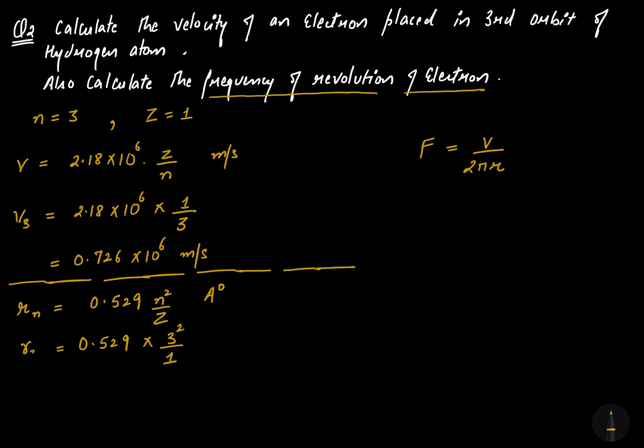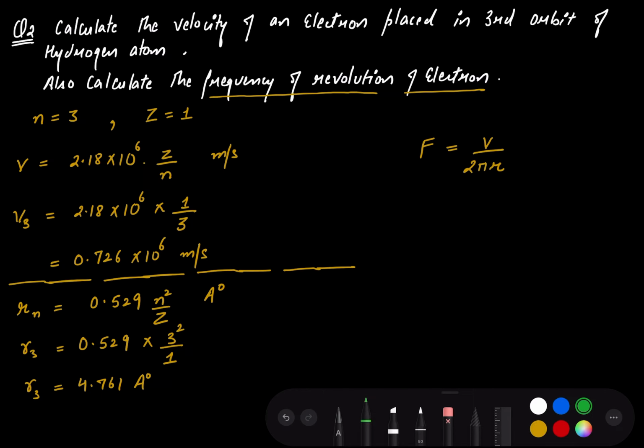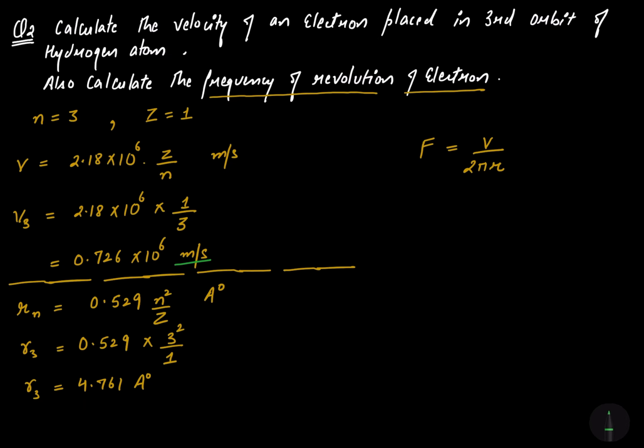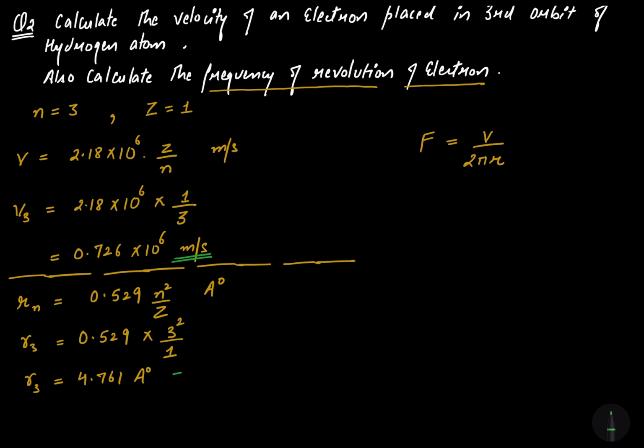So the radius of the third orbit comes out to be 4.761 angstroms. Now carefully observe that the unit of velocity is meters per second, so we need to convert our radius also into meters. It comes out to be 4.761 into 10 to the power minus 10 meters.